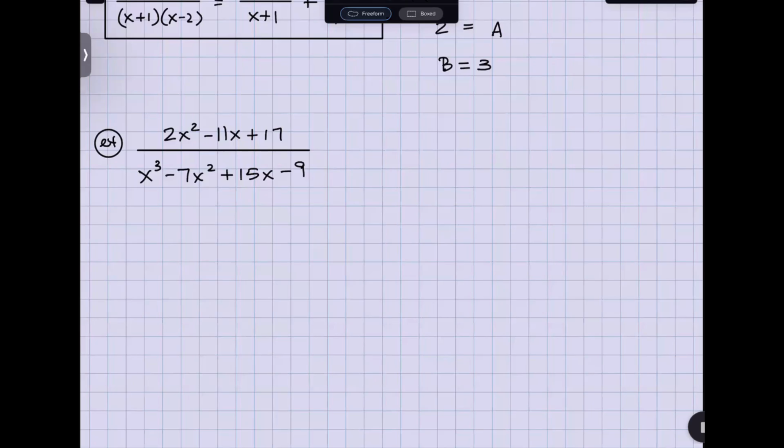Yeah? Why that look? Does it not look improper? Because the power on the bottom is larger, right? You're like, what do you mean that's improper? Right? The power on the bottom is larger. Oh, I'm sorry. Wait a minute. This is still proper. Sorry. Still proper. Thank you for that look. Still proper.